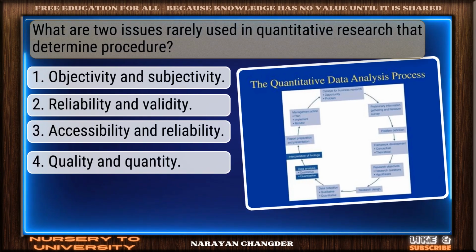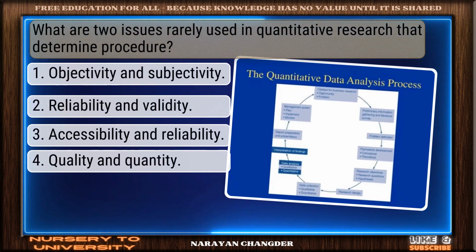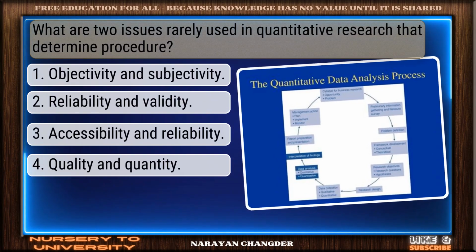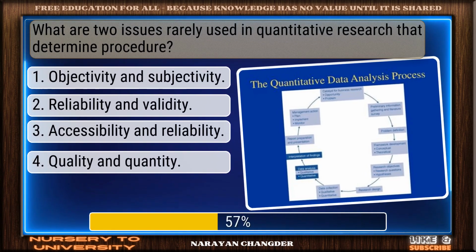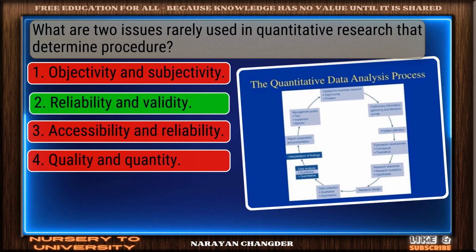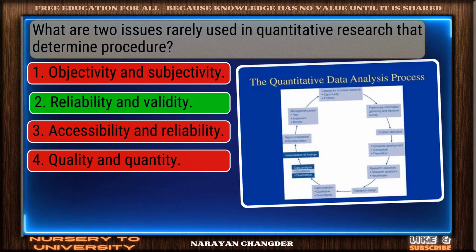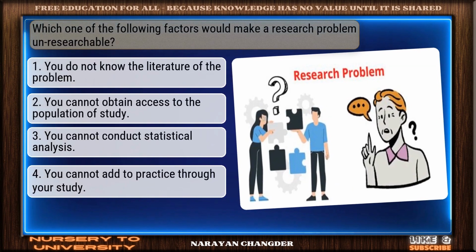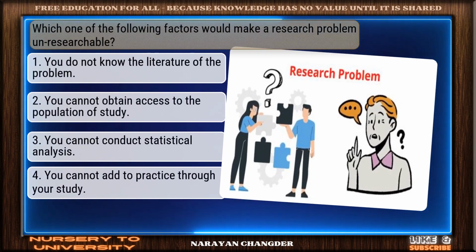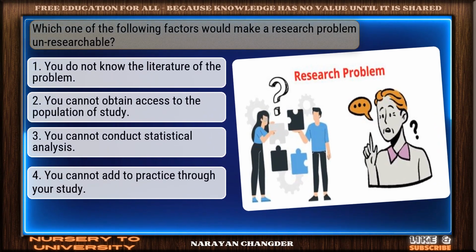What are two issues rarely used in quantitative research that determine procedure? You're right. Reliability and validity is the correct answer. Which one of the following factors would make a research problem unresearchable?